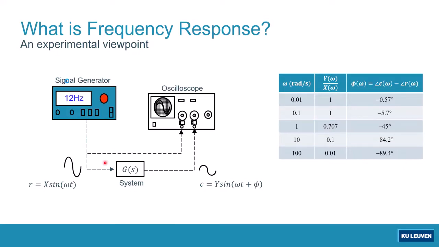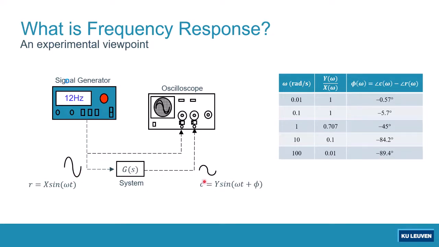If you have a system and you want to find the frequency response function, the magnitude of G(jω) and the angle of G(jω), you want to find these two entities. What you simply have to do is give a harmonic input to the system at different frequencies, and then record the response to the varying inputs.